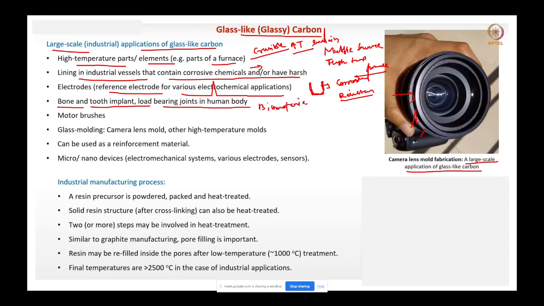Why? Because as I have explained, because of its biocompatibility property, we can use this as a bone implant material.